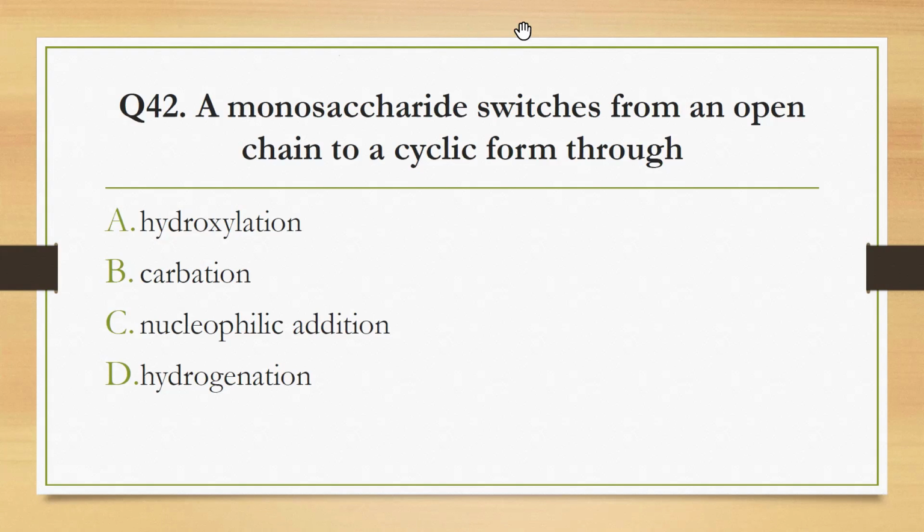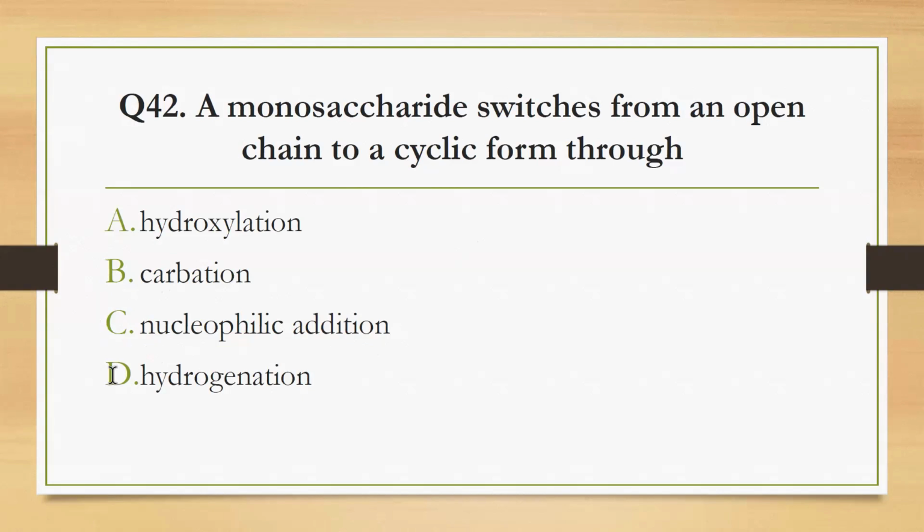Generally, a monosaccharide switches to form a cyclic form through a reaction. The type of reaction that leads to the cyclization of monosaccharides is the nucleophilic addition reaction. So the answer to this question is option C.